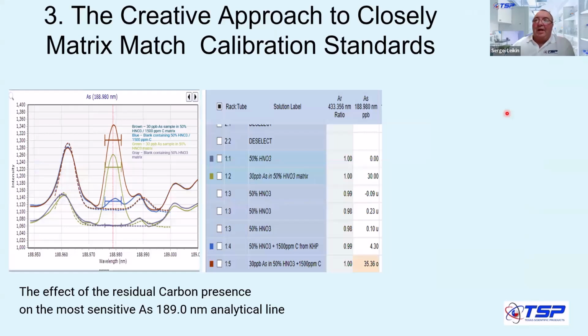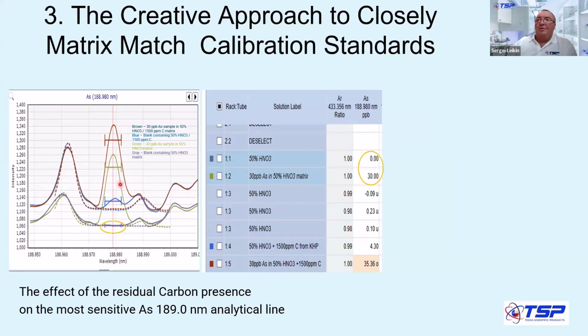And here is what happens spectrally. You start to run, and this is a critical element, arsenic. Arsenic is not one of the best elements for detection limits in ICP emission, and on top of it, you have this quite complicated spectral background. In just pure nitric acid, everything looks flat and clean, and then the spike recovers 30 ppb.